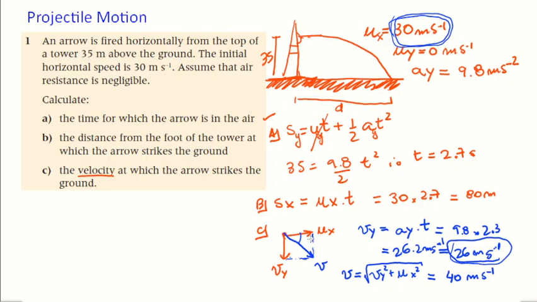Regarding this side and this side, we would have the tan of 26.2, if you don't round it, that's fine, over 30, which is ux. So we've got this over this, right? TOA, opposite over adjacent, would be 41. So 41 degrees below the horizontal line.